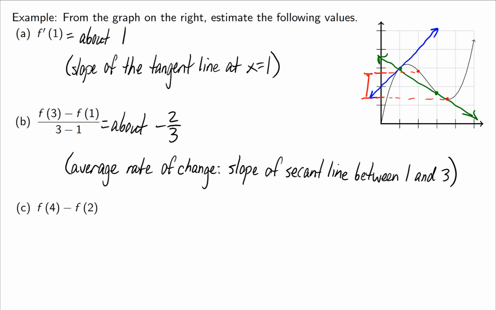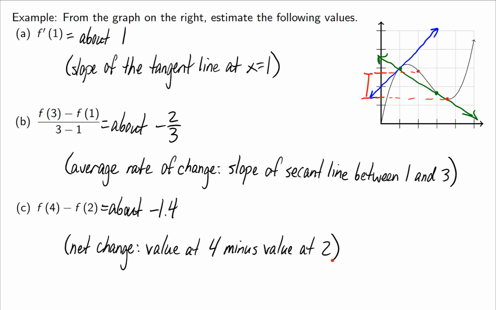This is actually what we call the net change, and it does matter what order as well. That number looks to be about -1.4. And the negative sign is important because you're taking a smaller number at this point minus a larger number at this point. This would be the value at 4 minus the value at 2.